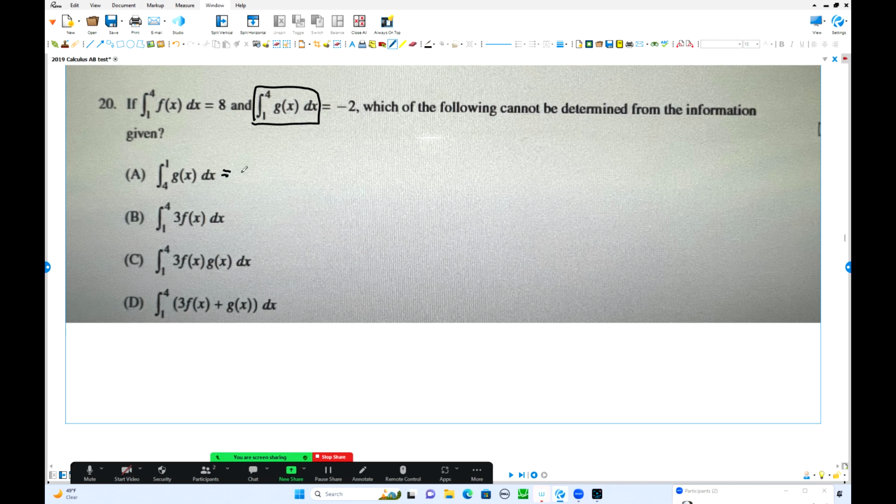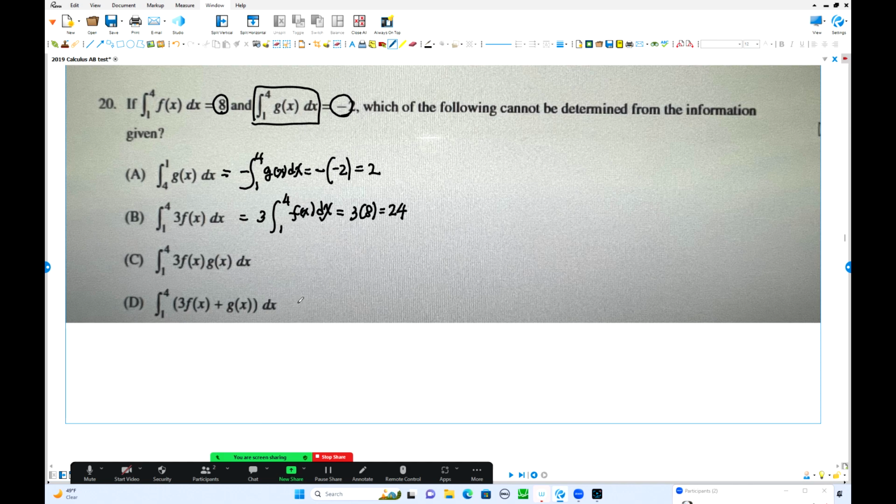When you switch the bounds, the upper bound down to 4, it's going to be negative, right, the integral of g of x dx. But that integral is already negative 2, so it equals 2. Next, 3 comes out, and the integral from 1 to 4 of f of x dx is given already as 8. So that is 3 times 8 equals 24.